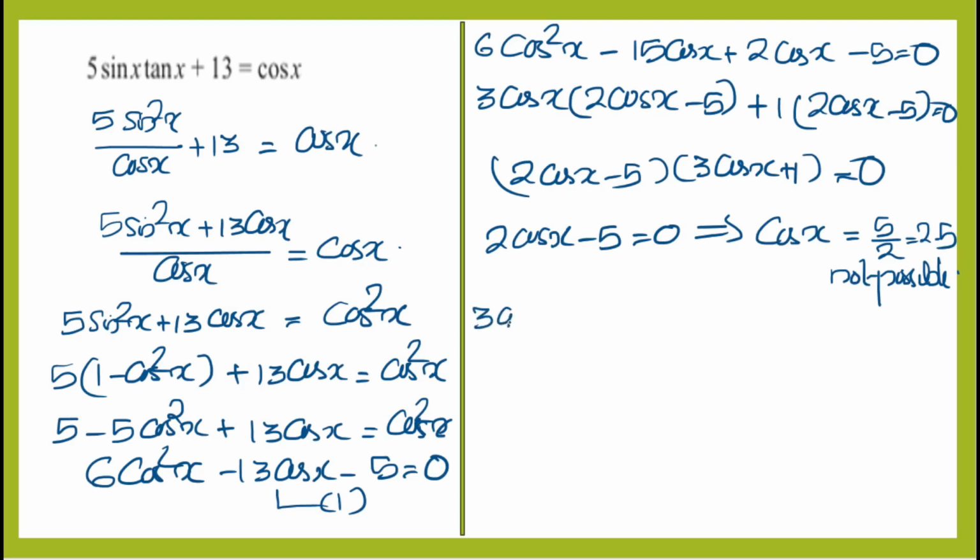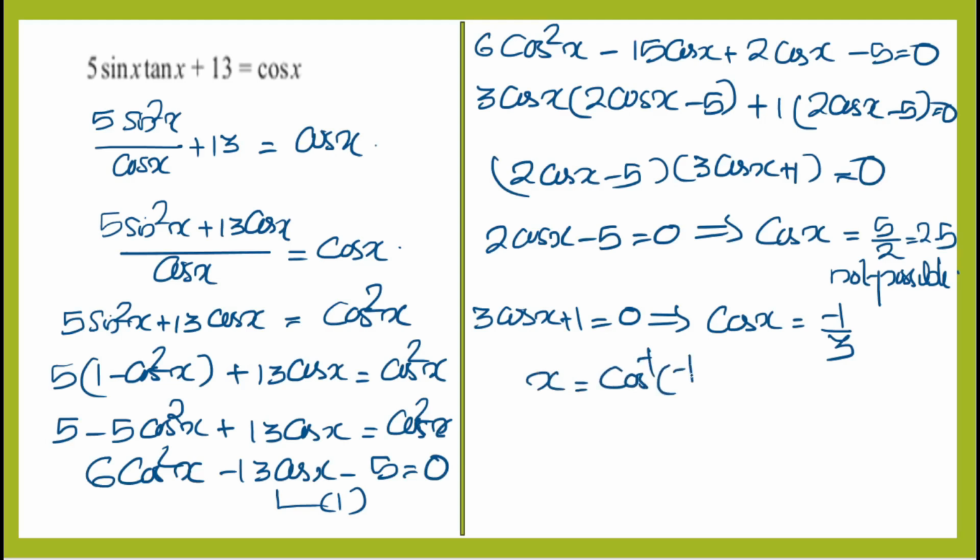Now 3 cos x plus 1 equals 0 implies cos x equals minus 1 by 3. That is x as cos inverse of minus 1 by 3 equals 1.909 radian.